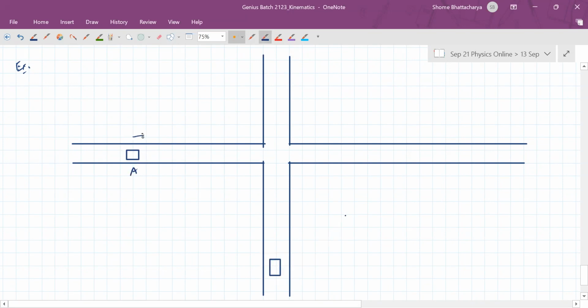Now A is moving with a uniform velocity of, let's say, 16 meters per second, and B is moving at the same time with a uniform velocity of 12 meters per second towards this intersection. At this given instant, which is t equal to 0 on my clock, both of them are equidistant from the point where the two roads intersect.